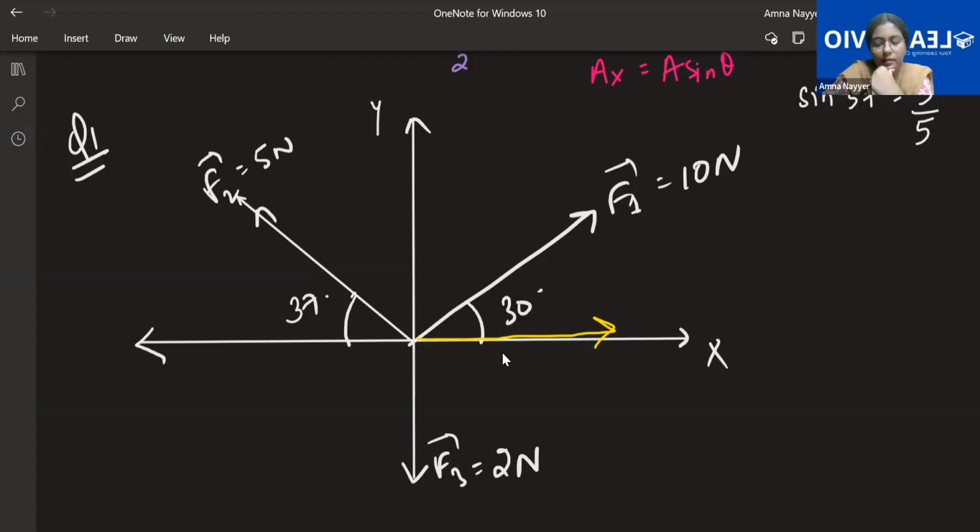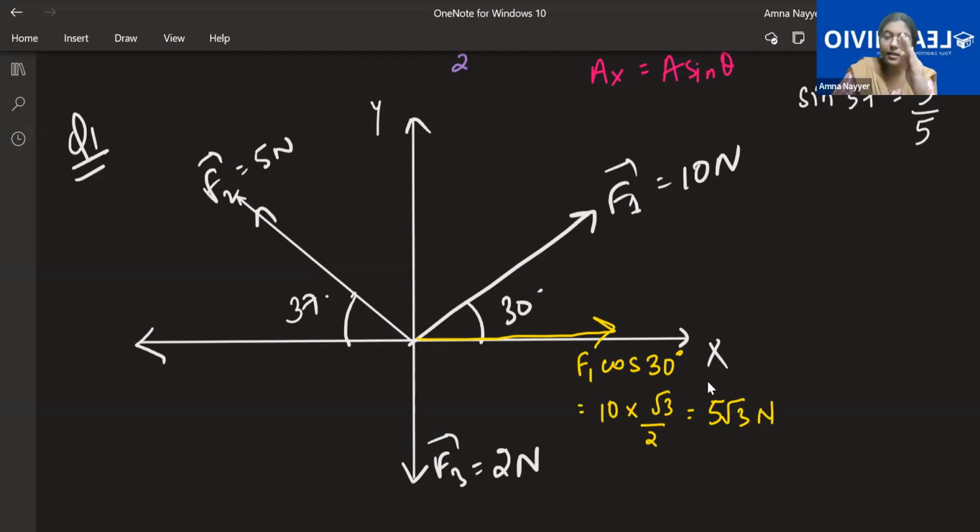Cos theta, so 10 root 3 by 2 Newton. Yes, the cos component will come, correct. So this will become F1 cos 30 degrees. F1 is 10. From here, you will get the value of cos 30 degrees, that is root 3 by 2. So this is 5 root 3 Newton.